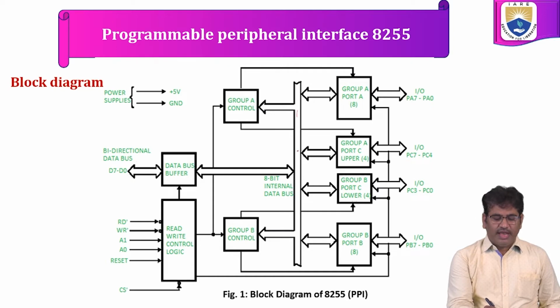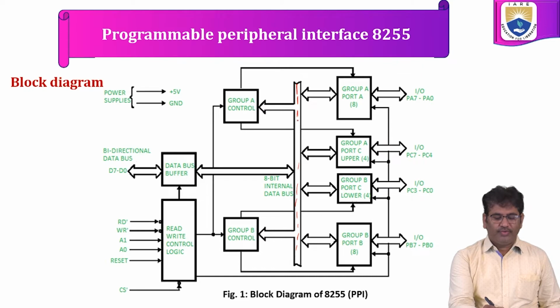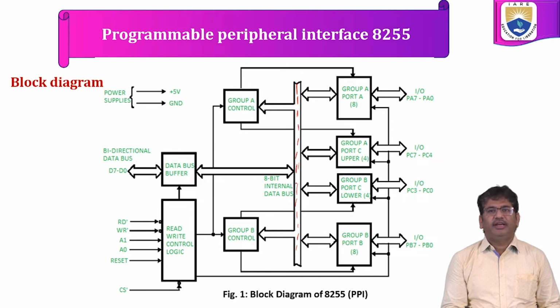Whatever I am showing in red color is the internal data bus of the 8255, through which we have the data transfer from one block to another block. Now we will see the description of each and every block.